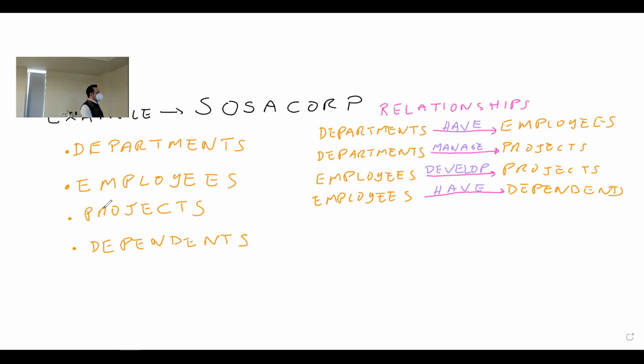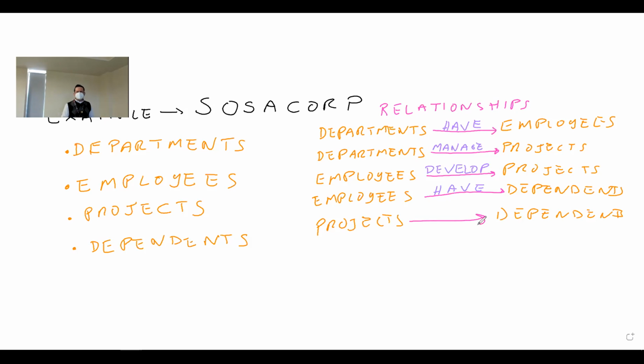Again, I'm being systematic and relating all of these. Now I'm going to go with projects. So for example, projects and dependents. Is that one necessary? Does that one make sense? Well, if my 5-month-old son is working on a project in my company, then something is really wrong with my organization and why I'm working there.